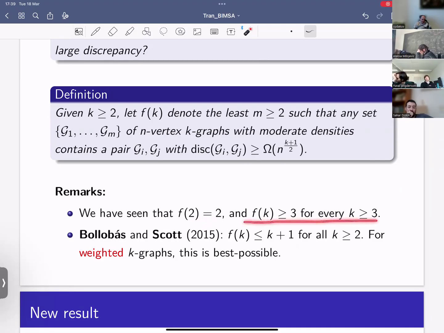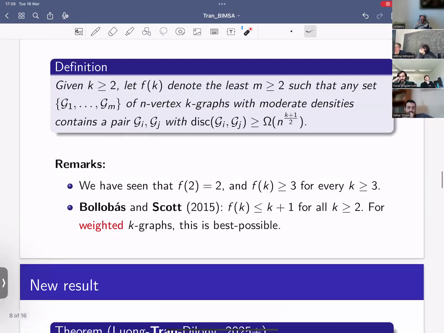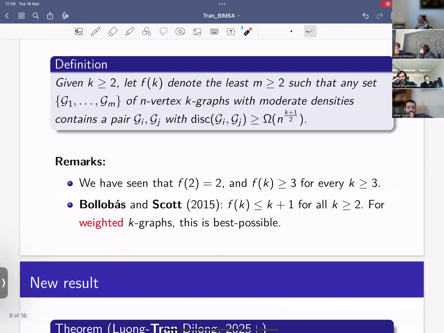But we have also seen by our construction that 3 hypergraphs are not enough. So f_k is at least 3 for every k at least 3. This is a lower bound. For the upper bound, Bollobás and Scott proved that f_k is bounded from above by k+1 for all k at least 2.